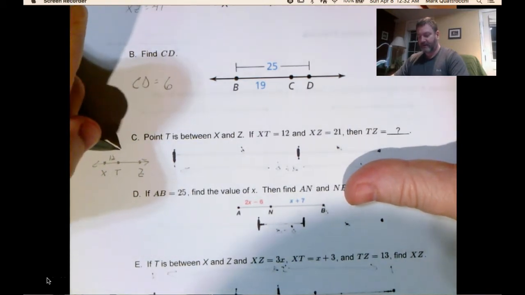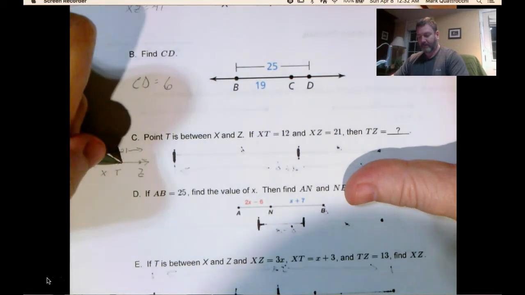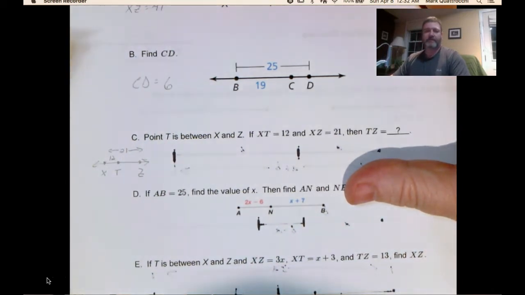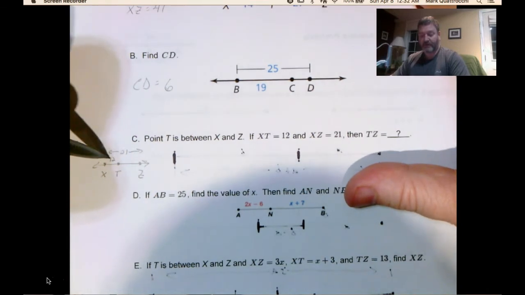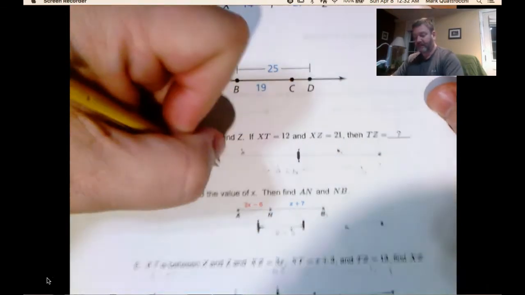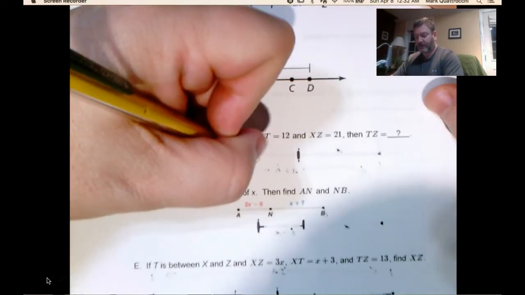XZ is 21. What's the length of TZ? So it's segment addition postulate, but we subtract 21 minus 12 to get the length of TZ. TZ equals 9.